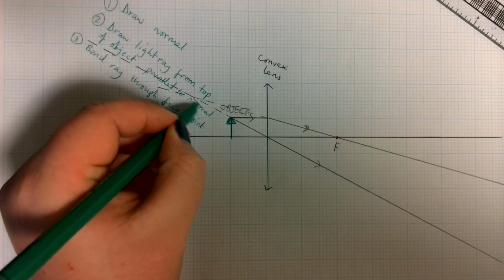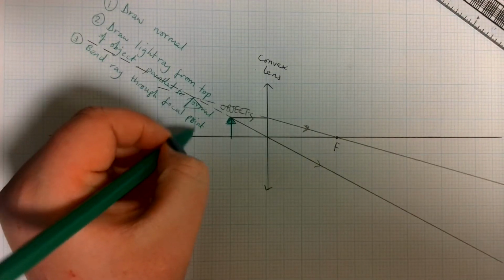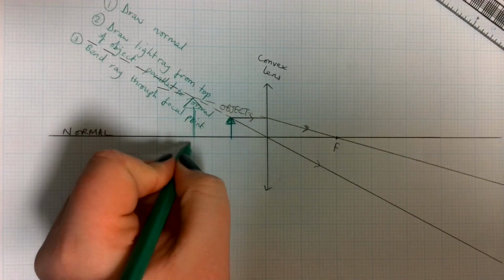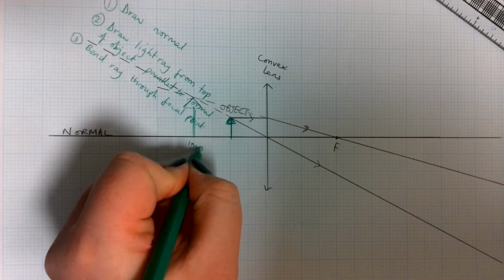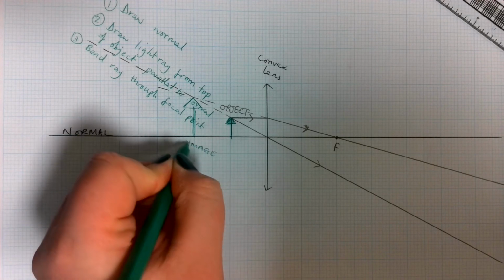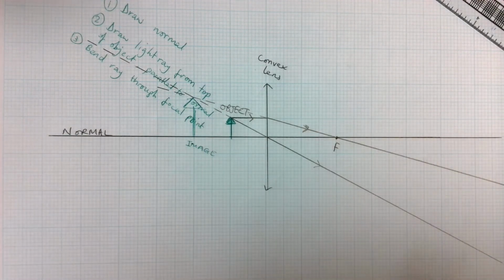And the point at which they meet is where you're going to draw your new image. Okay, yours is going to be neater than mine because I've written over the top of it.